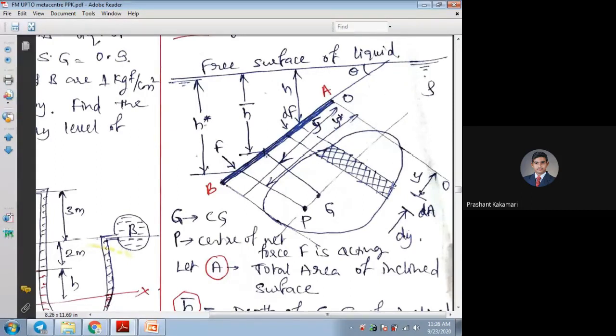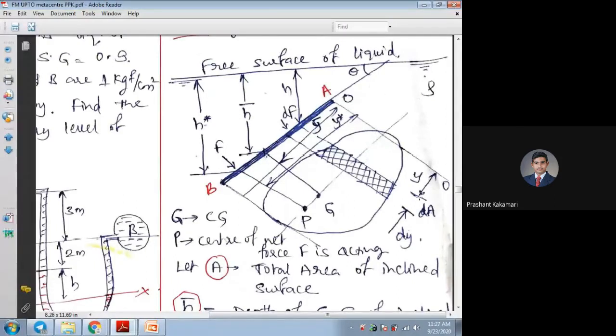That small area we are taking, dA, at a distance of y from the tip of the plate A. From the tip of A, you just draw a perpendicular line at A and B to draw the top view. And from the top side line OO, you can draw one line.